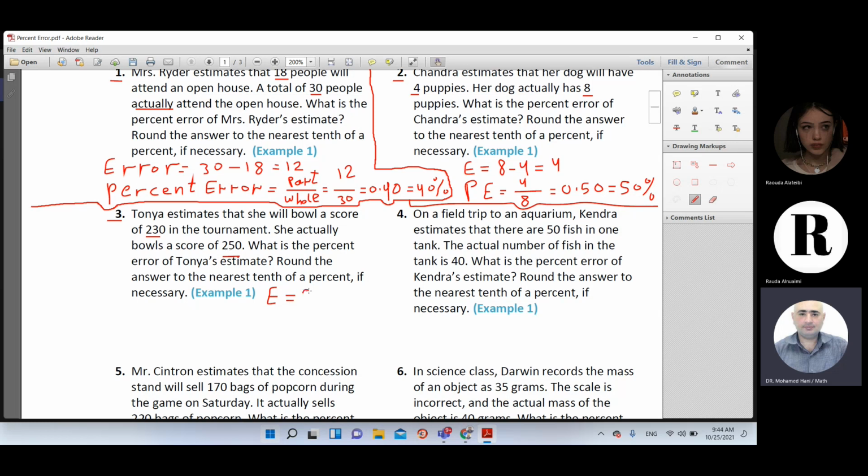So 250 minus 230. So 250 minus 230 will be 20. Then we want to find the percent error.